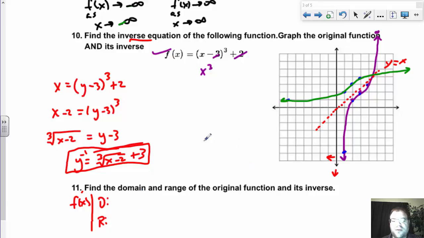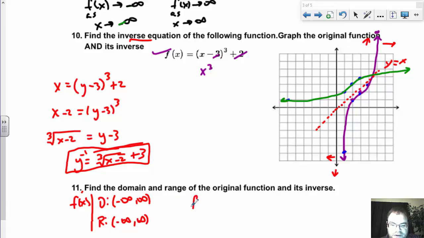We know that's how x cubed behaves. The domain is going to go forever this way, and forever this way as well. So the domain is going to be negative infinity to infinity. The range, this thing is going to go down this direction forever and up toward infinity forever. So we got this again.